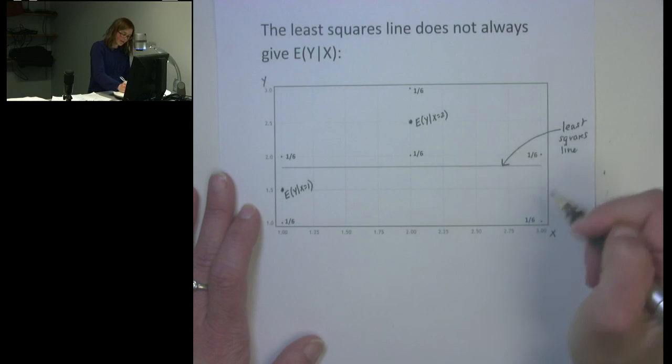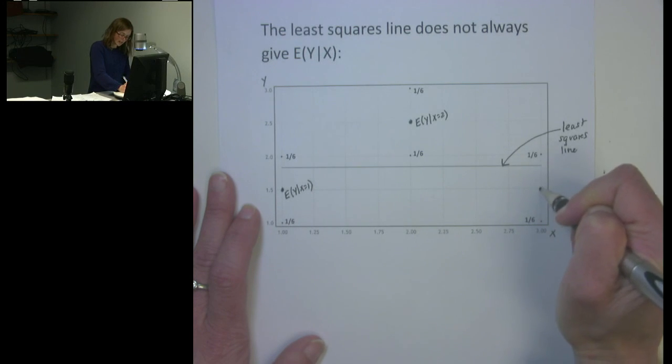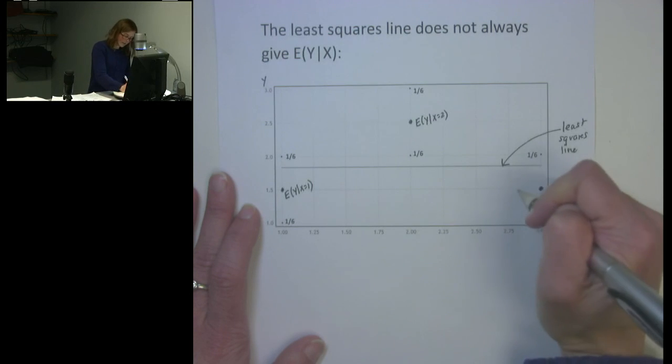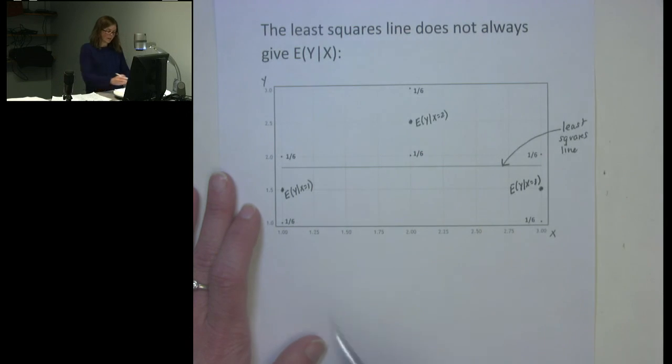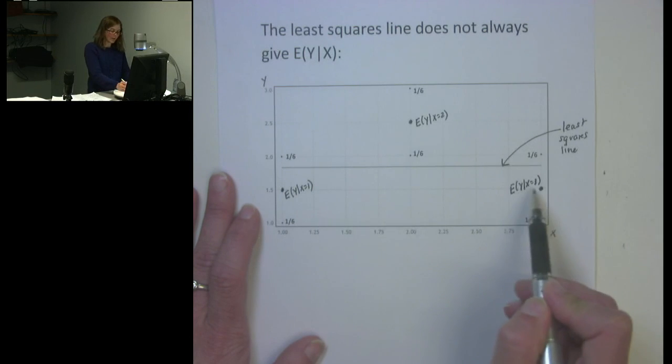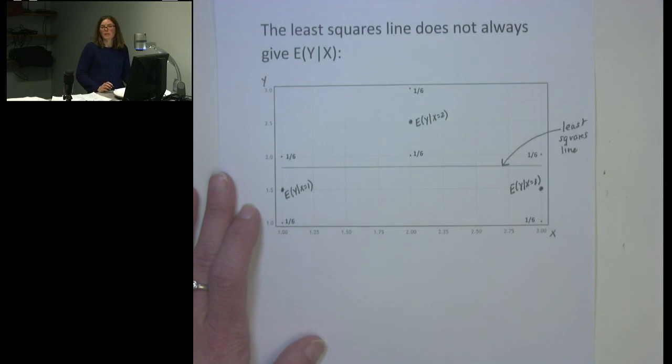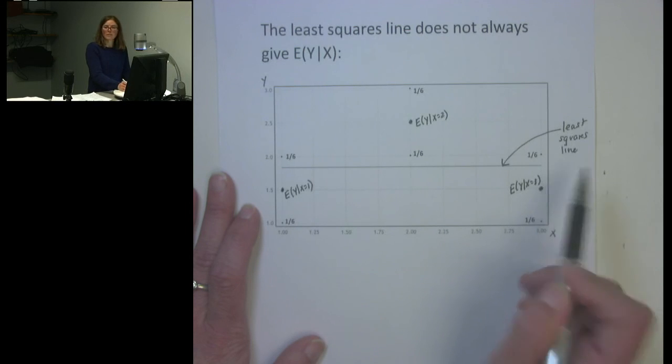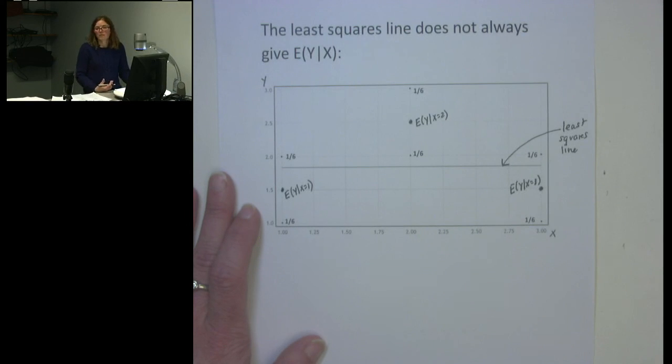And if we were to find the expected value of y, given that x is equal to 3, you can see in this case those expected values don't have a linear relationship between x and the expected value of y given x, and so they don't fall on the least squares line. So if there's a linear relationship in the means, then it will fall exactly on the least squares line. If there's not a linear relationship in the means, it won't fall exactly on the least squares line.